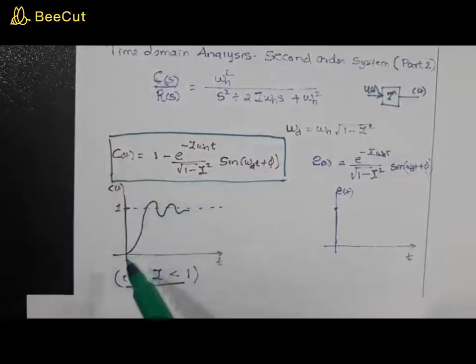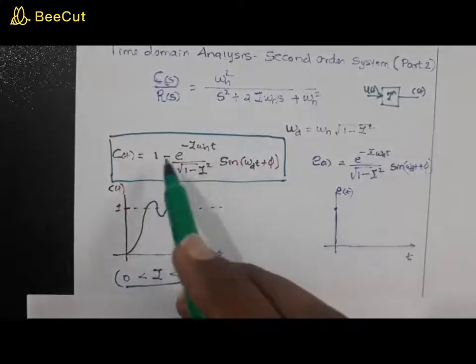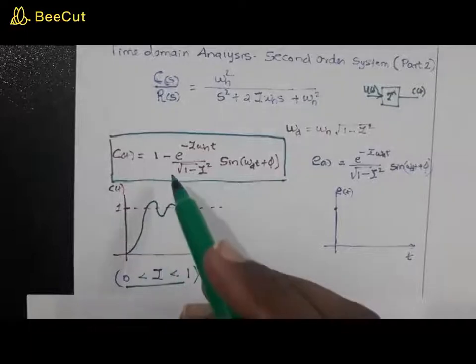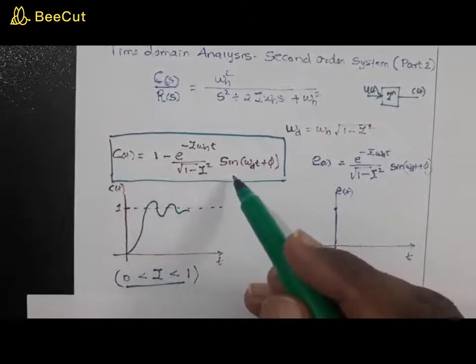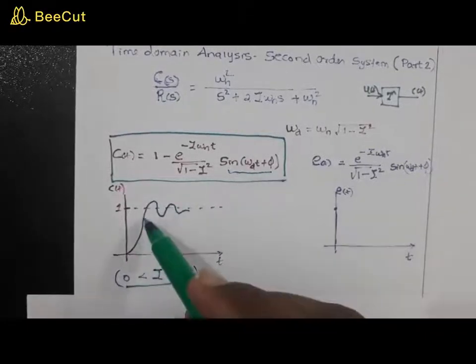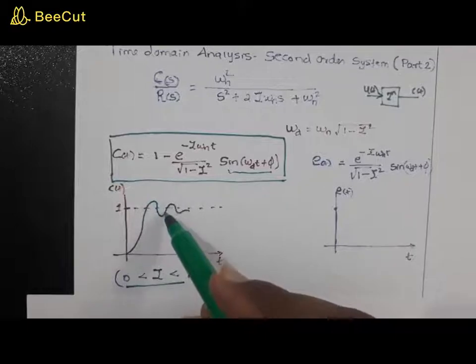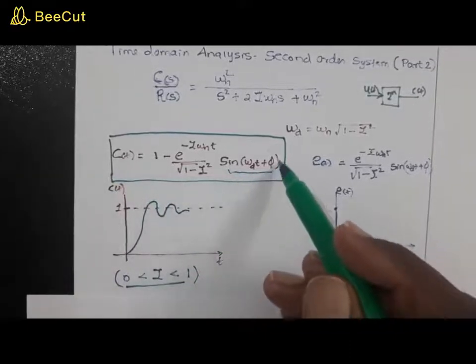So at t equal to 0, when you substitute t equal to 0, the whole thing becomes 1, and 1 minus 1 is 0. But we know that this is sinusoidal, so as time progresses, this will come into play. That means as t increases, there is an amount of oscillation corresponding to the sinusoidal function.